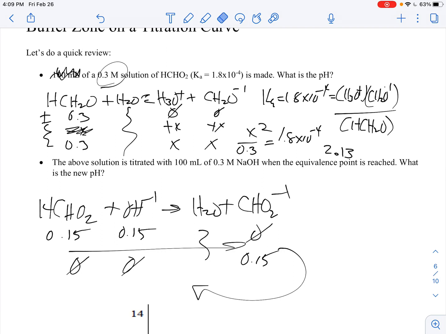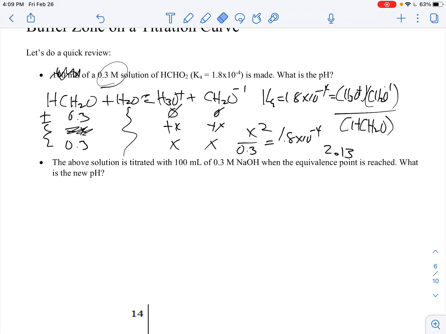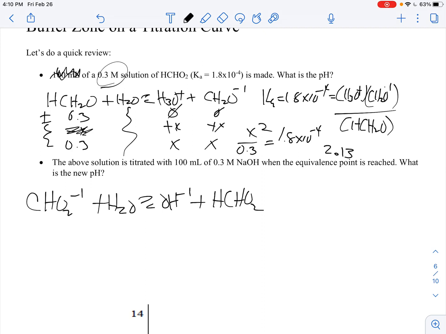And why can I flip-flop it around? Because if I flip this around and look at it from the opposite perspective, then I'm looking at CHO2 negative plus water comes over here to form OH negative and HCHO2. And the reason I like that is water is now on the left-hand side, and we're talking about Kb, except they didn't give us Kb.